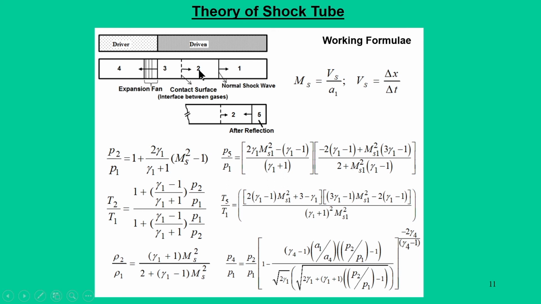Through this moving normal shock analysis, and also we have mentioned the regions 1, 2, 3, 4 and 5, we can calculate the pressure ratio. You all know the initial conditions, and of course we know the shock Mach number, which I mentioned how we are going to calculate.